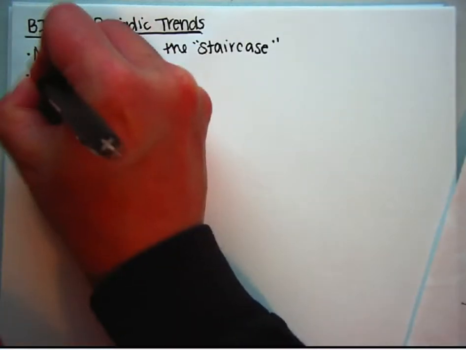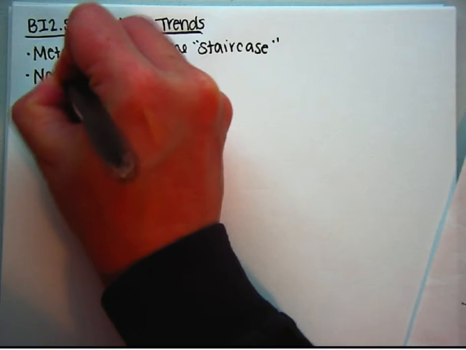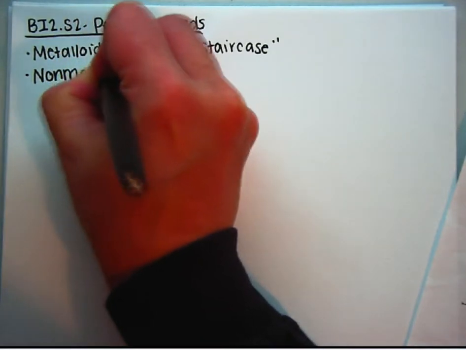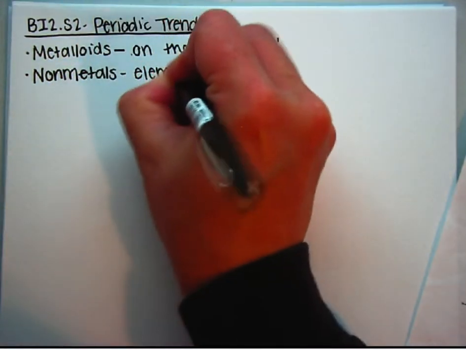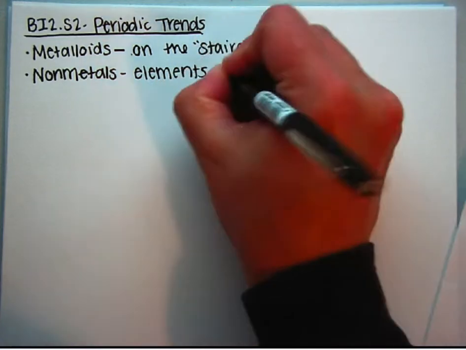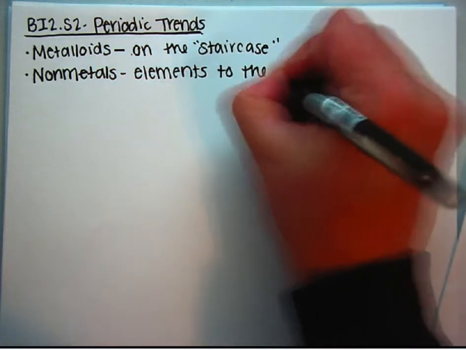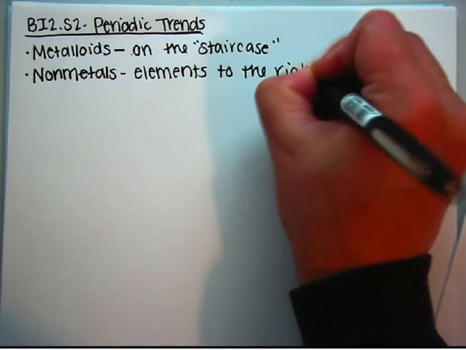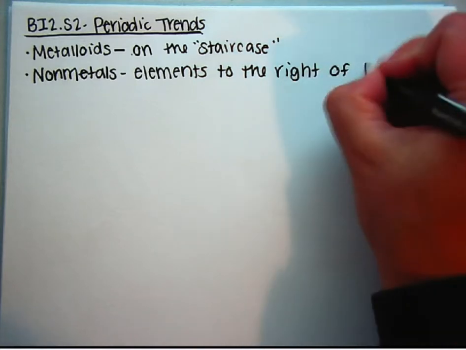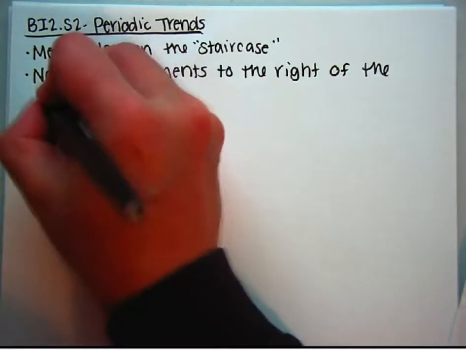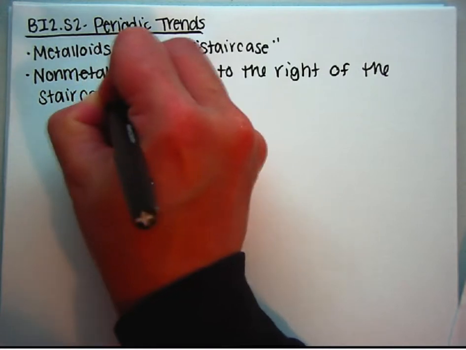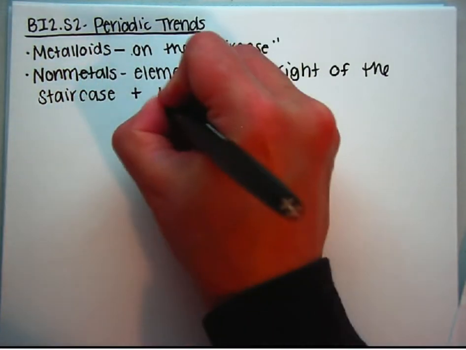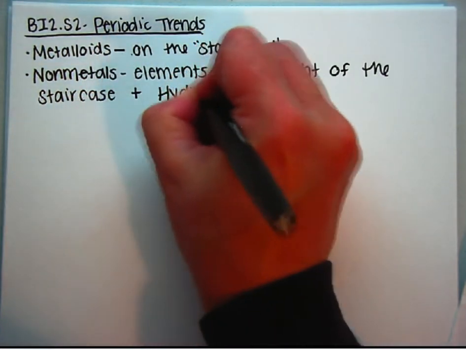The nonmetals are elements to the right of the staircase plus hydrogen.